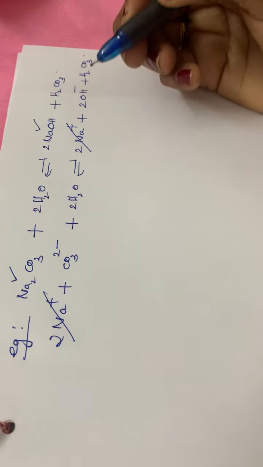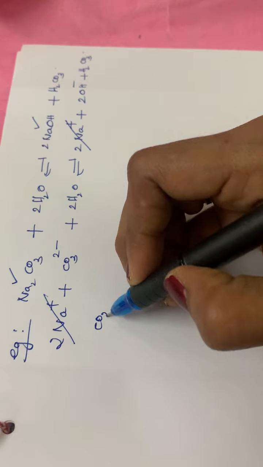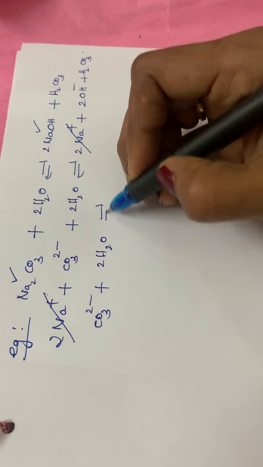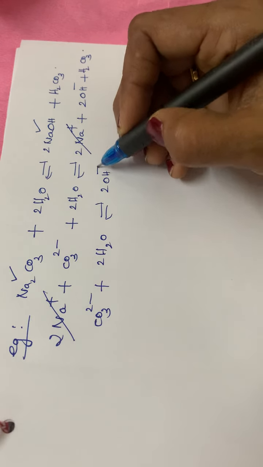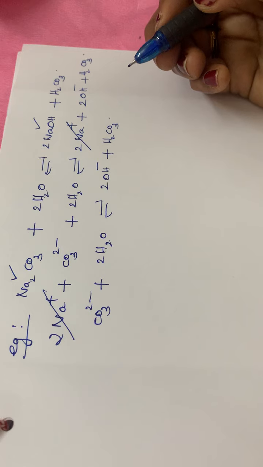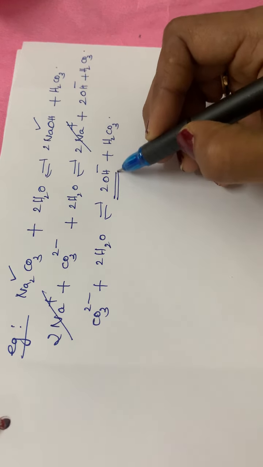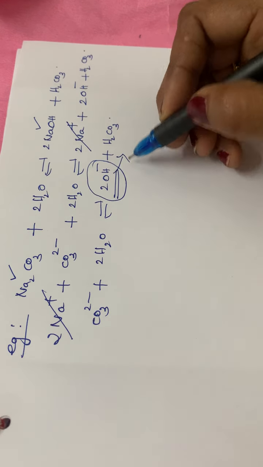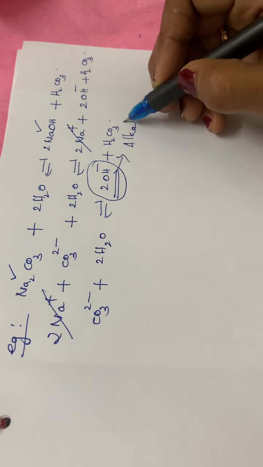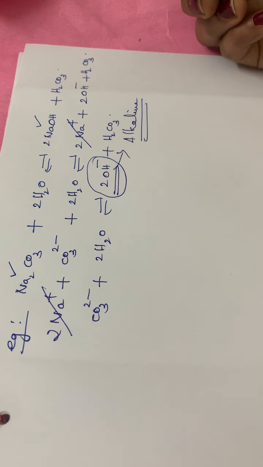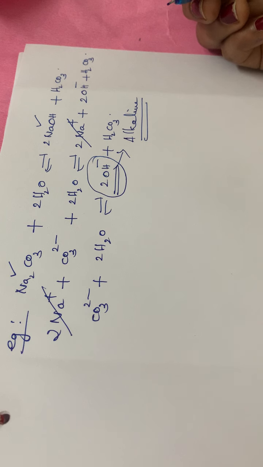Again Na plus will be cancelled, so the resulting will be CO3 2 minus plus 2H2O giving 2OH minus plus H2CO3. So here see the resulting solution also, it is having OH minus ions in excess, therefore the resulting solution is alkaline in nature due to the presence of OH minus ions. Okay, hope you are clear.